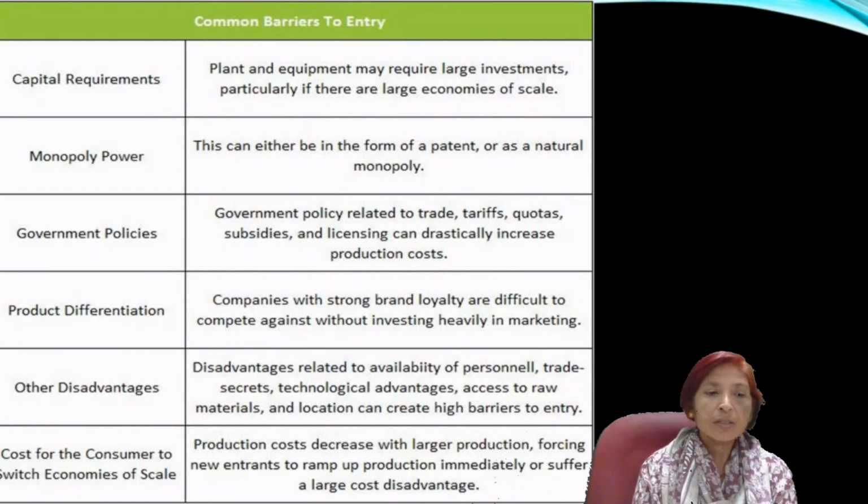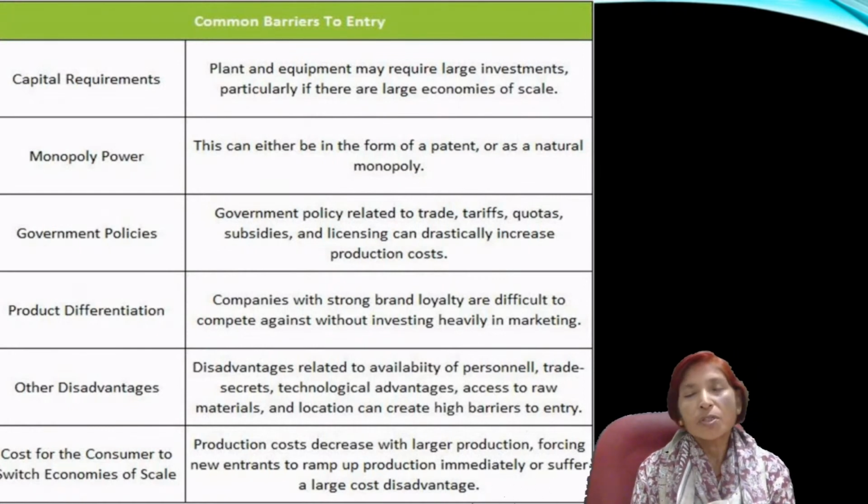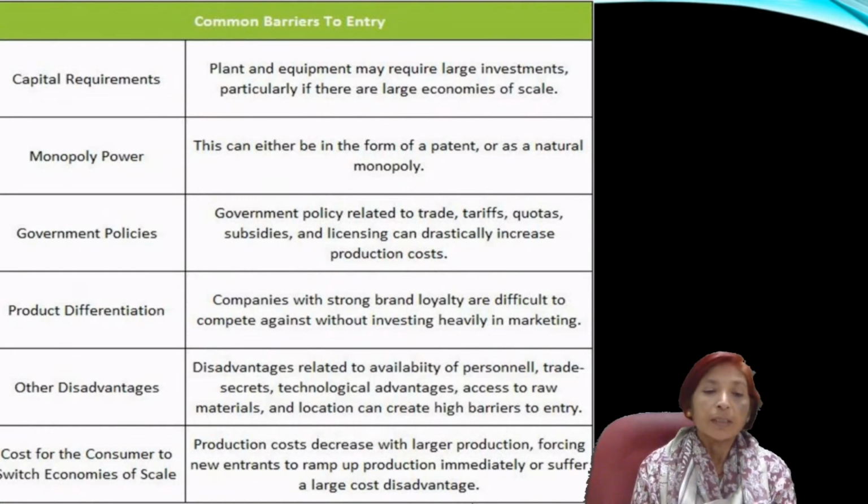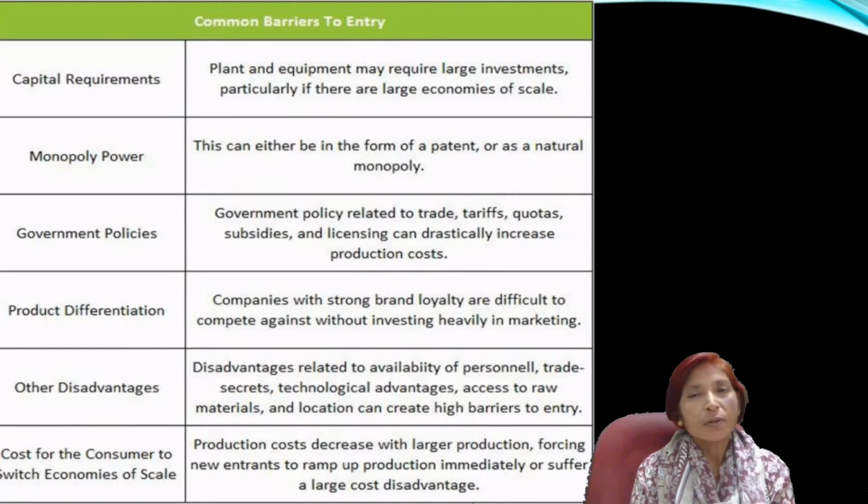And the last is cost for the consumer to switch, and economies of scale. Production cost decreases with larger production. As you produce more, the cost keeps falling.